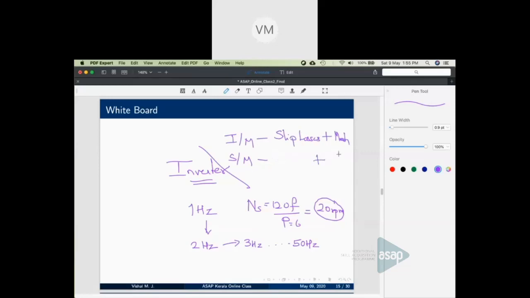You definitely have mechanical losses here, but there are no slip losses. Why? Because there is no slip at all. The synchronous machine's rotor as well as the RMF rotates at the same speed. So the slip is 0. Hence, S times the air gap power, S PG, that is the slip losses, is 0 for a synchronous machine. The absence of these slip losses makes a synchronous machine more efficient than an induction machine.